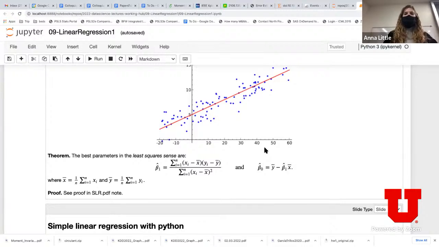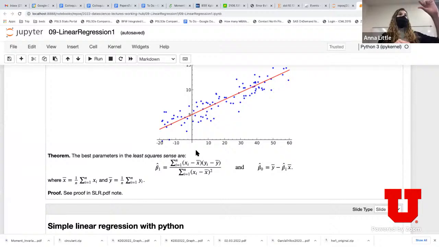Okay, so you may ask, how do you actually compute that line of best fit? There are different criteria for what makes a line a good fit, but the classic thing to do is to minimize the squared distances to the line. So we're talking about a line of best fit in the least squares sense.